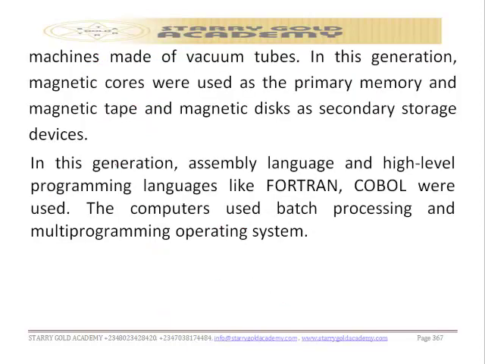The first generation machines were made of vacuum tubes. In the second generation, magnetic cores were used as the primary memory, and magnetic tape and magnetic disks as secondary storage devices.